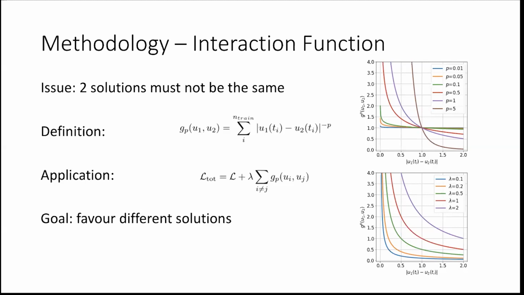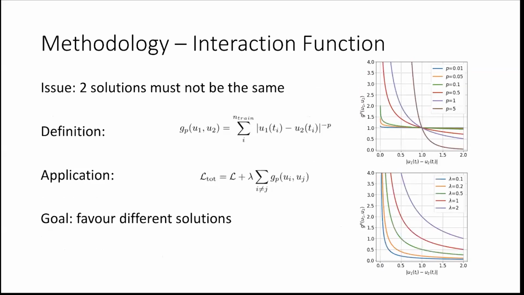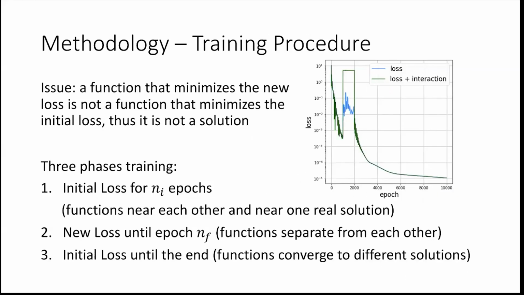Now, the training process will be divided in 3 phases, because the result of minimizing the loss function that I defined here is not a function or more than one function that solves the differential equation, because there is this term that is creating a function different from the one that we want. So we define a first training phase without the new term in the loss function.